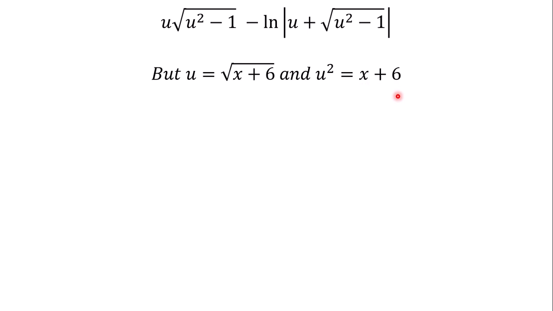Okay, so let's replace u squared with this one, and then u with this one, and see what we are going to get as an answer in the x world. Okay, so let's replace them.